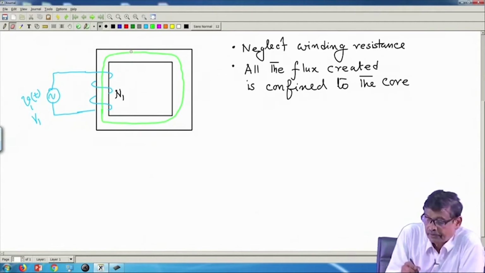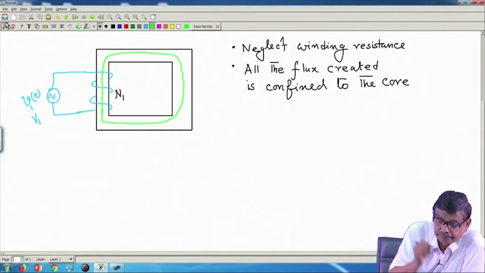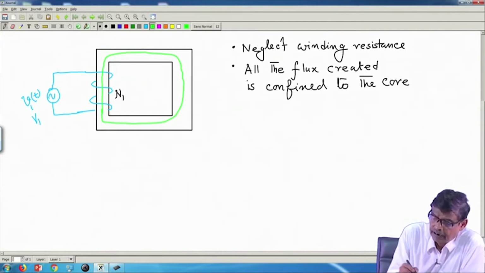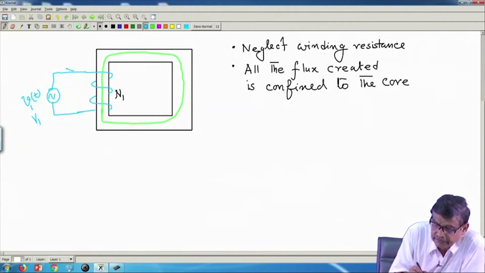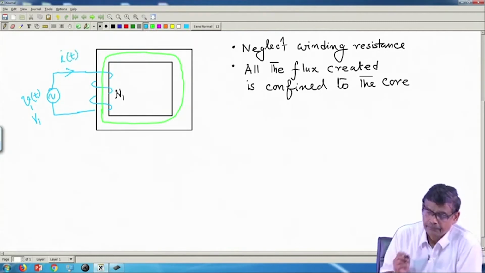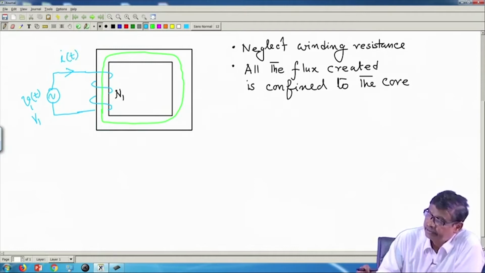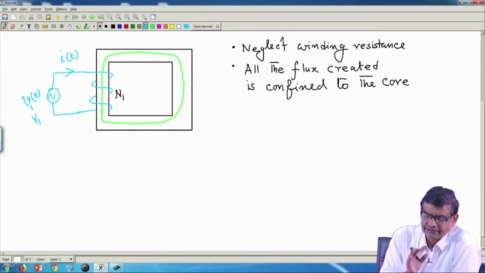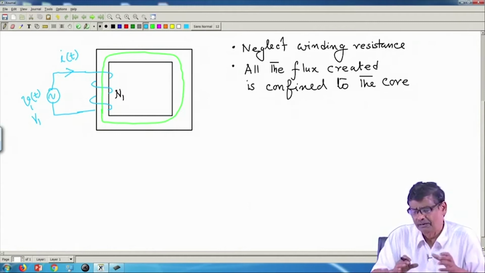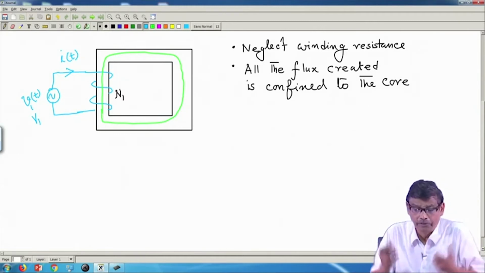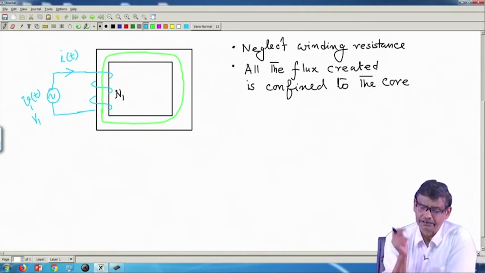So, thank you. So, this is the flux path, and suppose let us also assume the instantaneous current is i of t. So, with the winding resistance neglected, without thinking too much about it, I can only say this much.